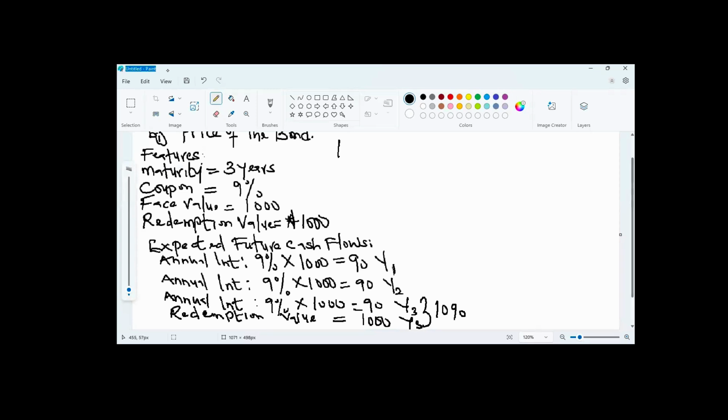Present value is equal to future value in year 1, 90, divided by 1 plus R. What is the spot rate in year 1? 0.0476, raised to power 1, plus future value in year 2, 90, over 1 plus R in year 2.